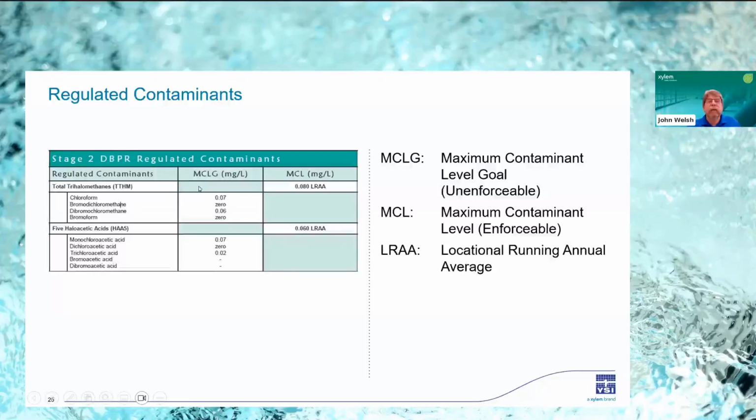Under the MCL, you see here the LRAA value of 80 parts per billion for the trihalomethanes, 60 parts per billion LRAA for the 5 haloacetic acids. This is the part that USEPA is most interested in.